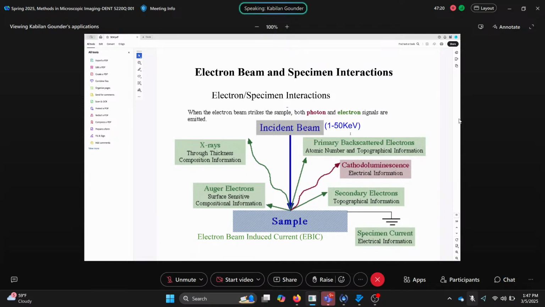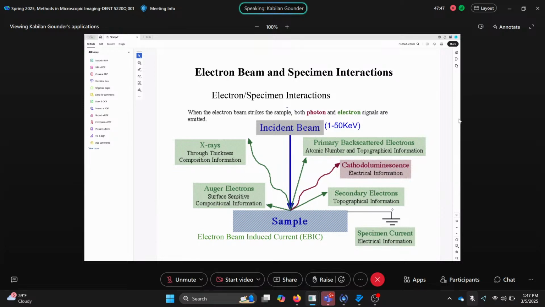The electron goes from the electron light source, hits the sample, and then bounces back. If it bounces back with the information you want, you can use this data. If you observe the secondary electrons, you can use them to analyze the topography, that is the surface.